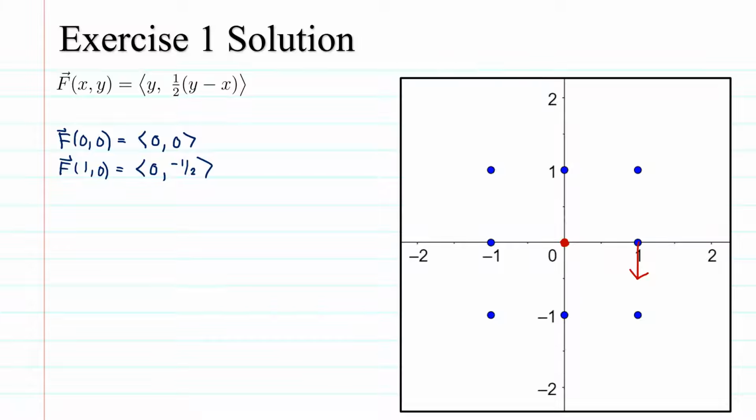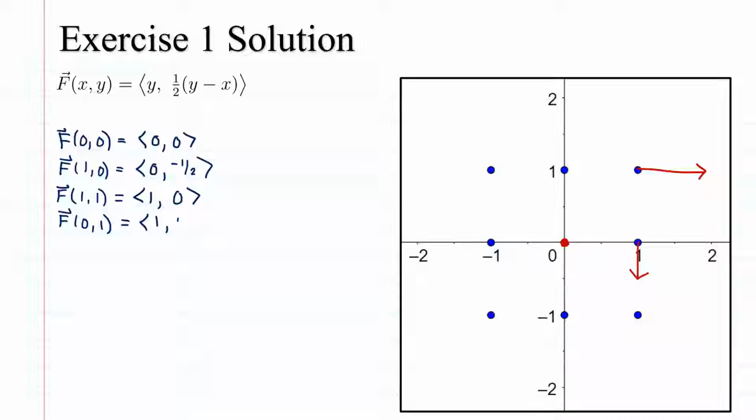So continuing, any order, f of 1, 1 is 1, 0. So from 1, 1, 1, 0, that points to the right. Next, f of 0, 1 is 1, 1/2.